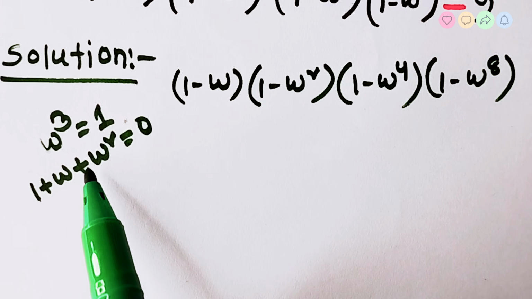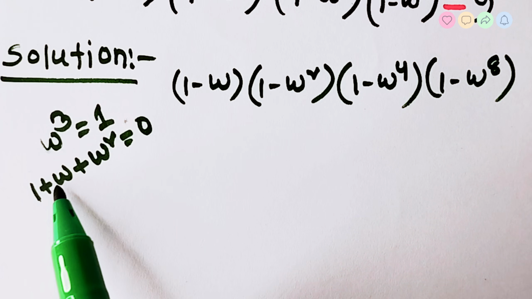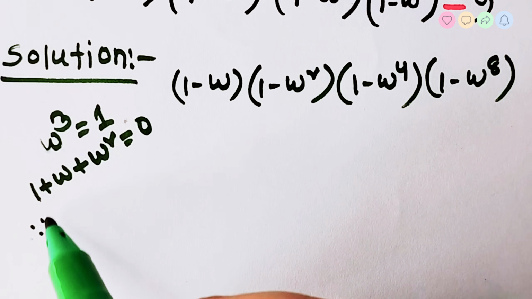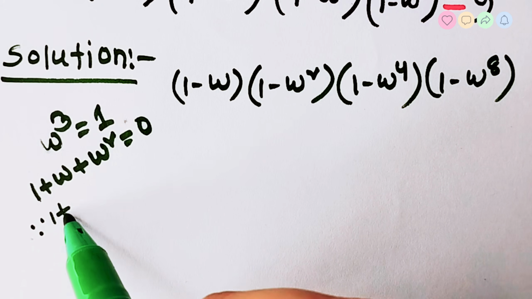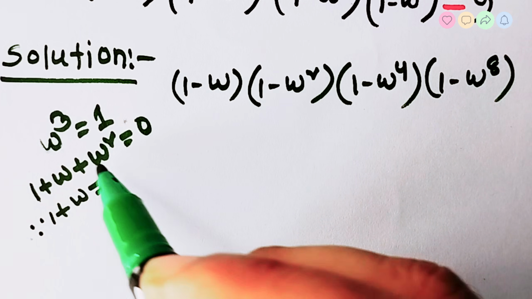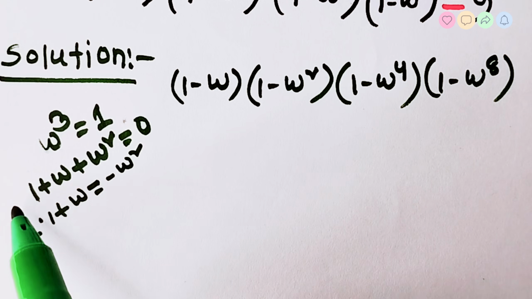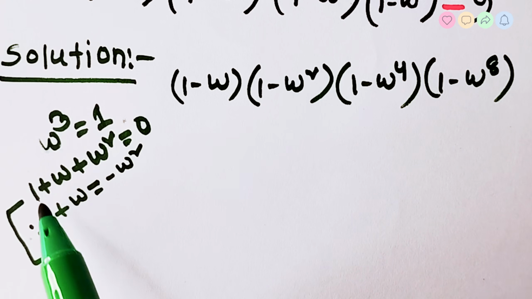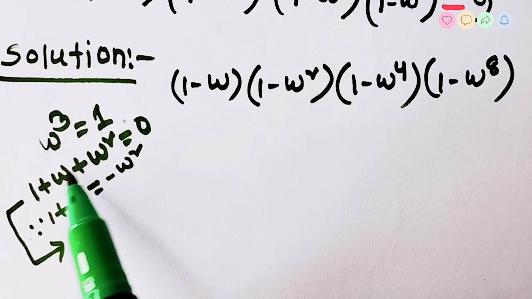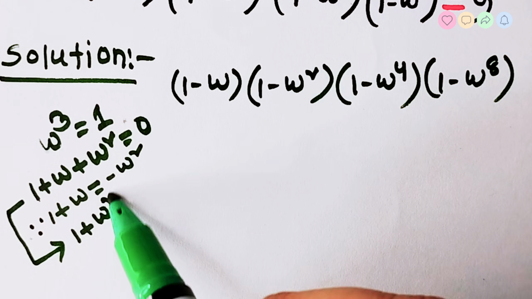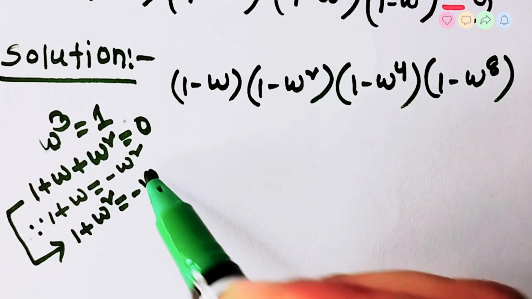So from that equation we can write 1 plus omega equals minus omega square. We can also write 1 plus omega square equals minus omega.